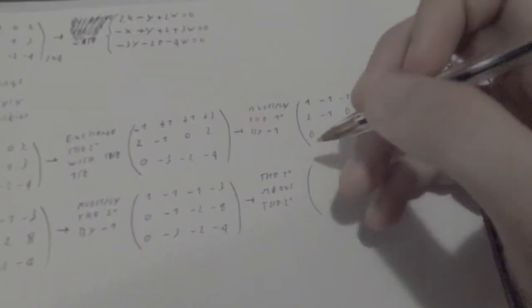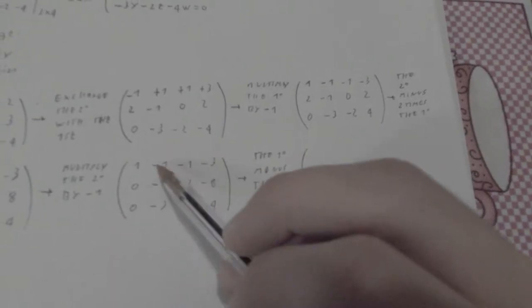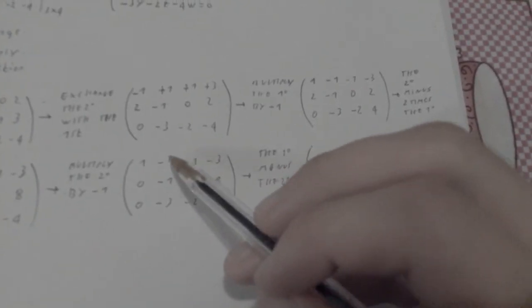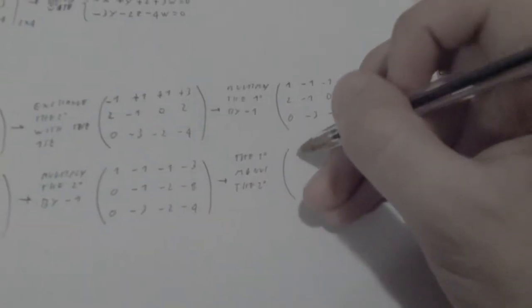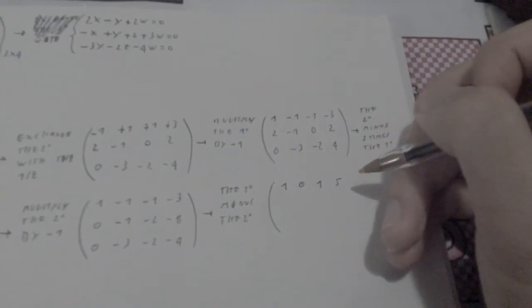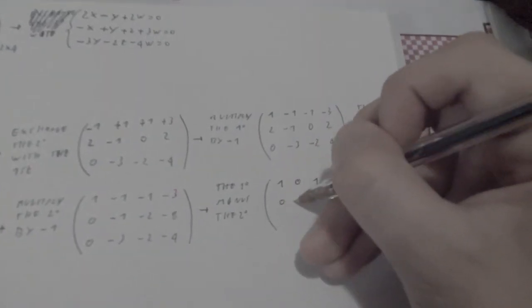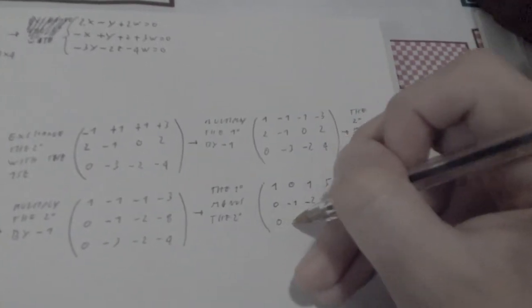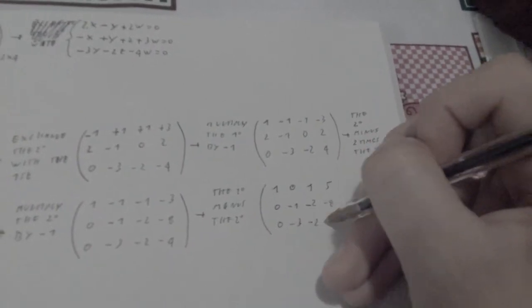It's better to have this easier matrix, but our focus should be on getting a 0 here. But I had the chance to get a 0 here, so I just really want to take it. This is not the standard way of doing it, of course. So 1, 0, 1, 5, and then the other one stays the same, -2, -8, and then 0, -3, -2, -4.